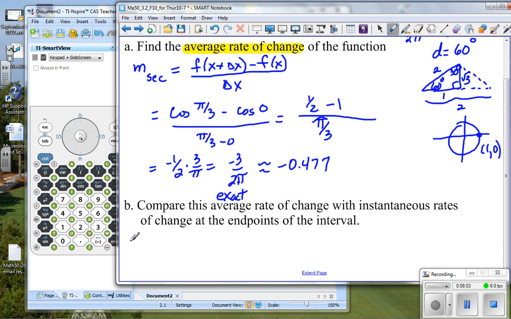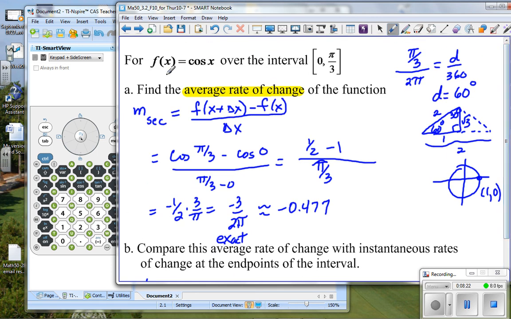An instantaneous rate of change is the slope of the tangent. Now we're not going to use the limit definition. That was in section 3.1. But we do need to find out what is the derivative of cosine.